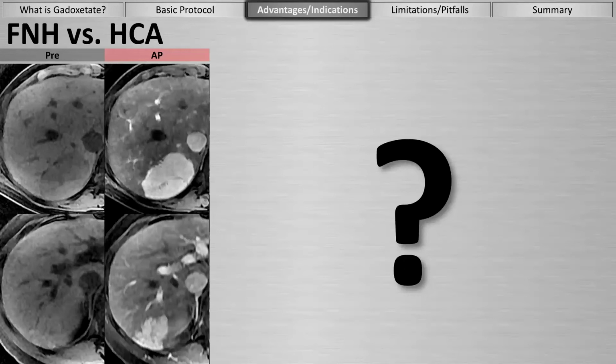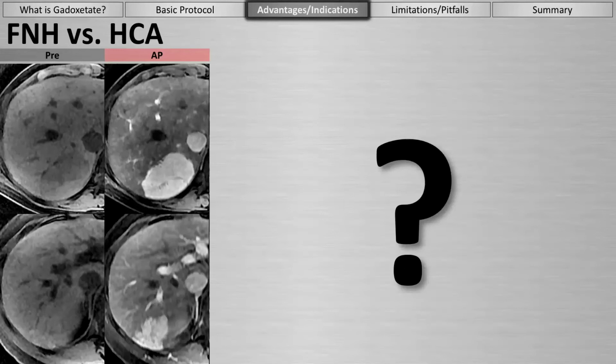So do you think it makes a difference if it was you, whether you had an FNH that would never become a cancer and never kill you from rupture, or whether you had a hepatocellular adenoma that might kill you because it might turn into a cancer or might exsanguinate you? So clearly there's a reason that we care about this distinction.